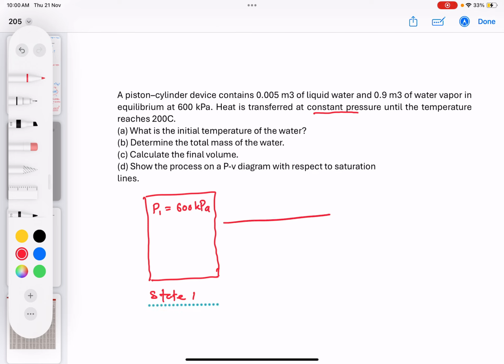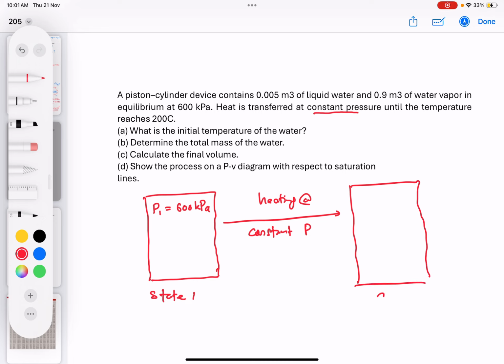And then it was a heating process at constant pressure. Because it was at constant pressure, my state 2 here is going to have the same pressure as state 1, which is 600 kilopascal. But this time I have temperature T2 equals 200 degrees Celsius, which is given in the question.